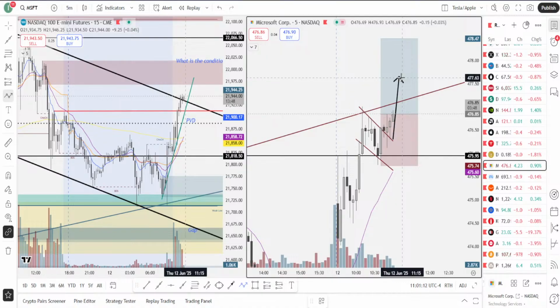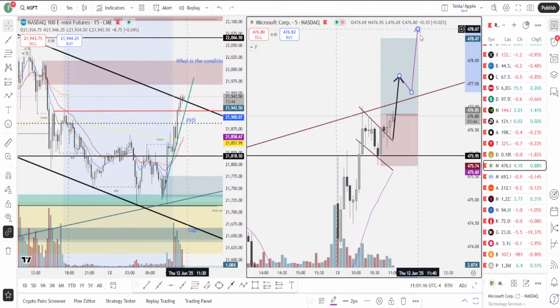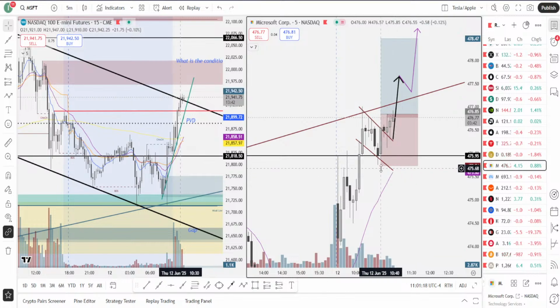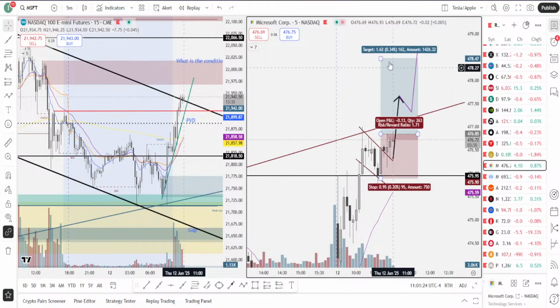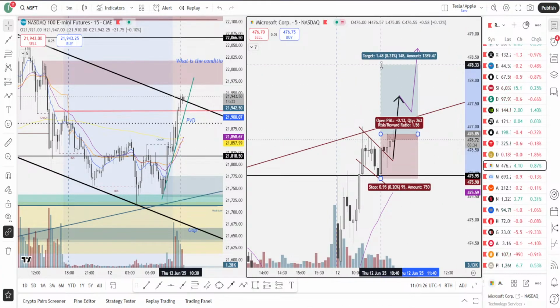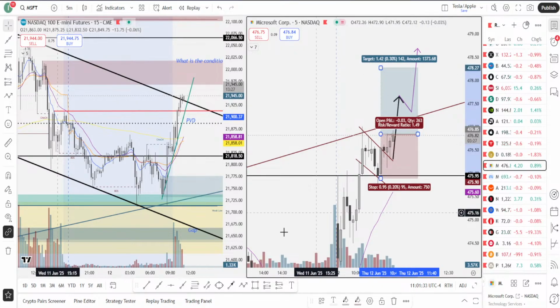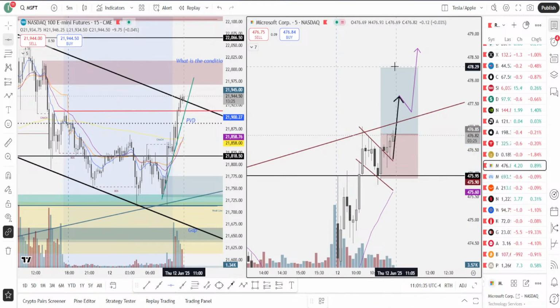Either I want to see a rip, or a pullback and retest and then another bounce up here. Give it a shot. Control my risk tight right here. That's all I'm risking. And this is where I'll take profit. Let's do a 1 or 1.5, not be too greedy. So I'll take profit right here.